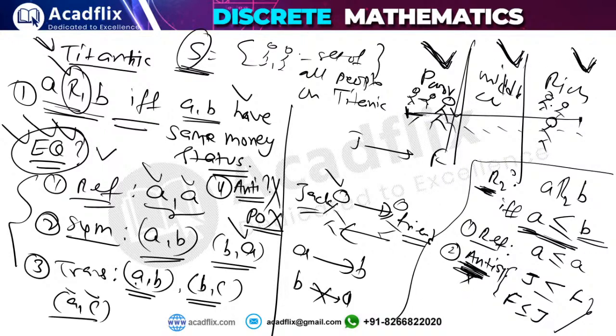The money status of Jack is less than or equal to his friend's, and the friend's money status is also less than or equal to Jack's. So it is not anti-symmetric, because there is symmetry between different people.